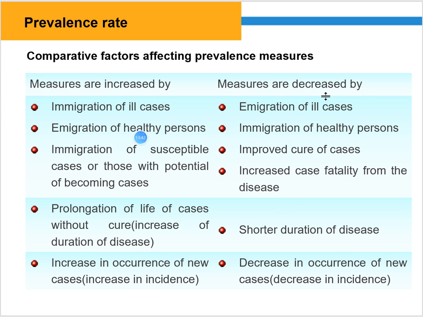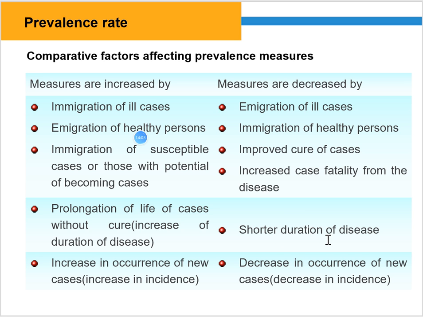Measures are decreased by: 1. Emigration of ill cases. 2. Immigration of healthy persons. 3. Improved cure of cases. 4. Increased case fatality from the disease. 5.